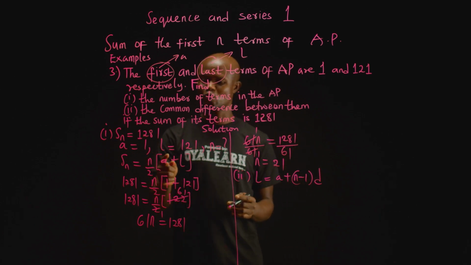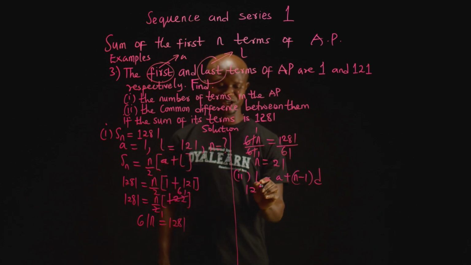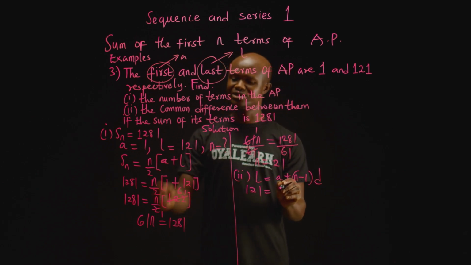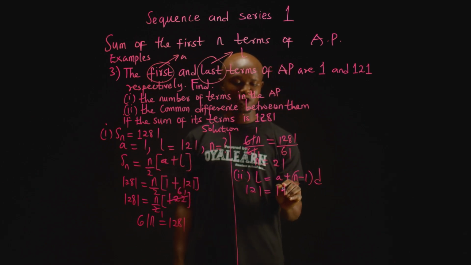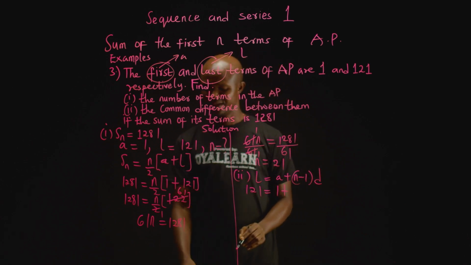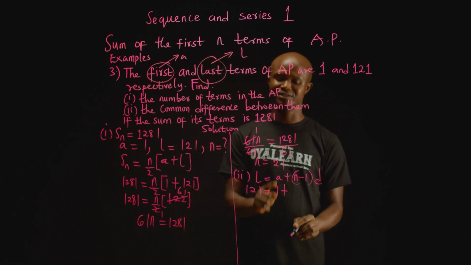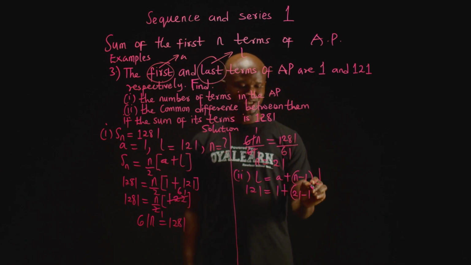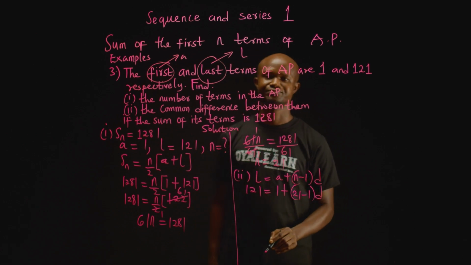The last term from the question is 121, which equals A, which is 1, plus n, the value of n is 21, so we have 21 minus 1 into bracket d.